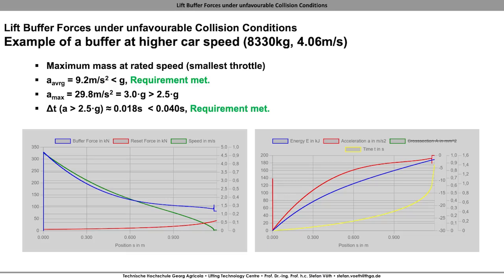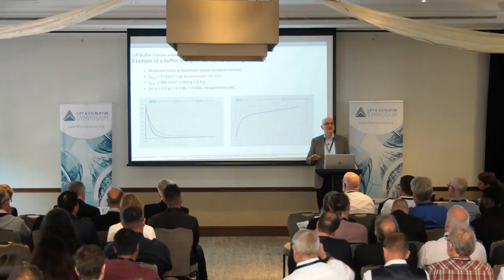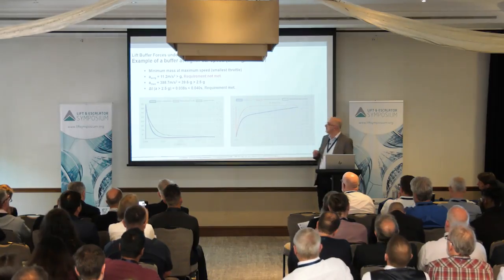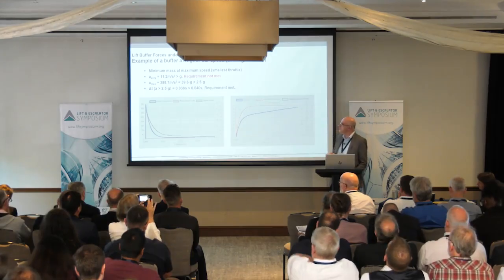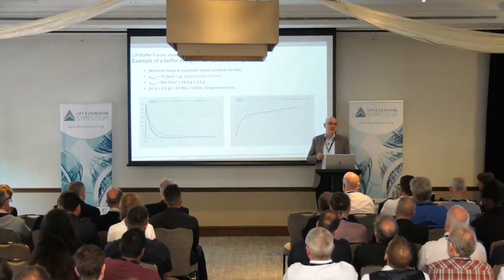And this is why I've created an even smaller throttle. You can see, doing this for maximum mass, everything is okay. And for minimum mass, even the condition about this time span is okay. We can reduce the time span of decelerations above 2.45 G down to 38 milliseconds.